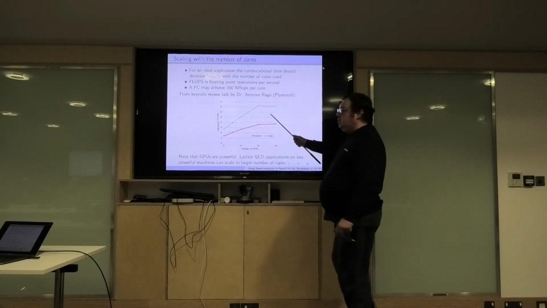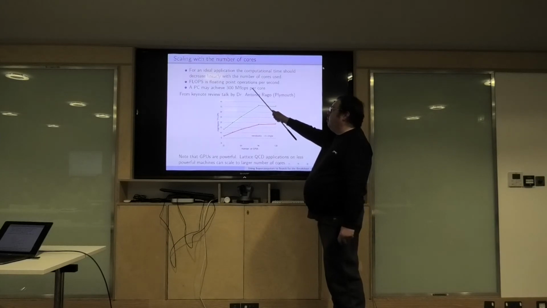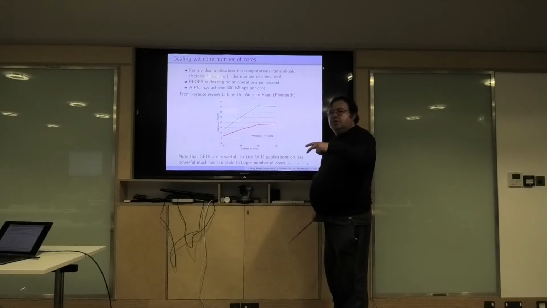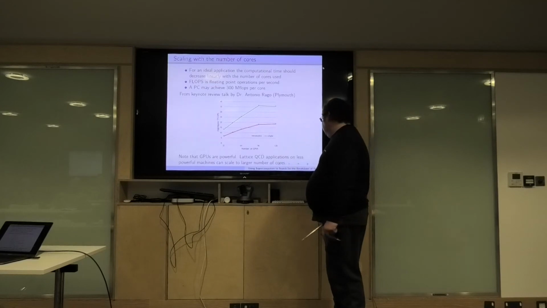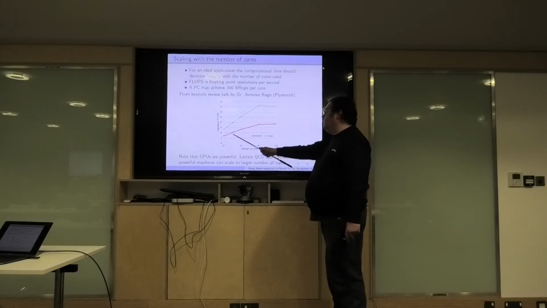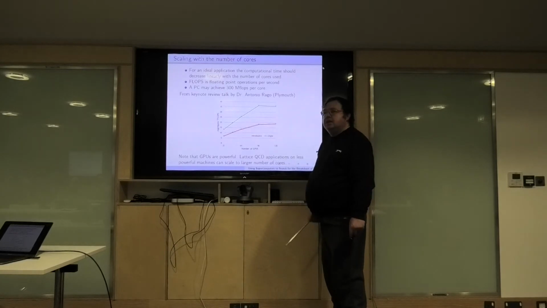So one way of measuring efficiency is flops, which is floating point operations. A floating point operation is like 5 times 3. That's one floating point operation. And then you count the number of those and say how long it takes. That gives you the flops. This is the number of nodes. This is flops, teraflops is 10 to the 12.